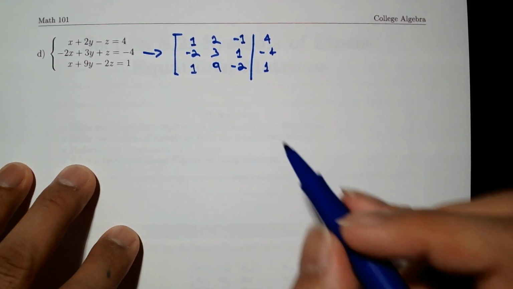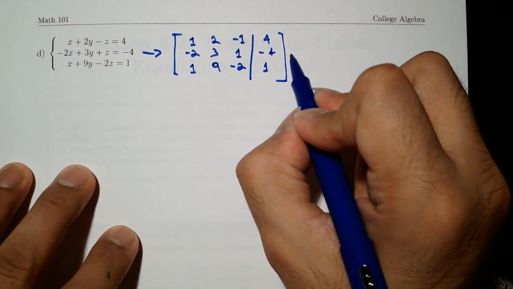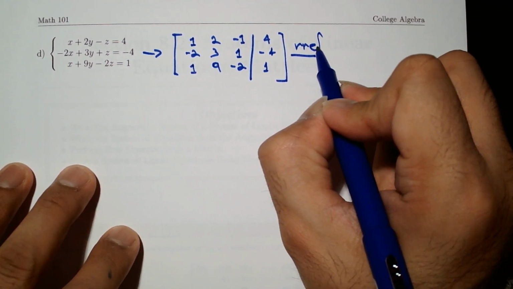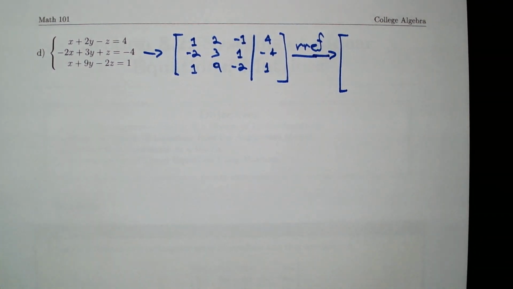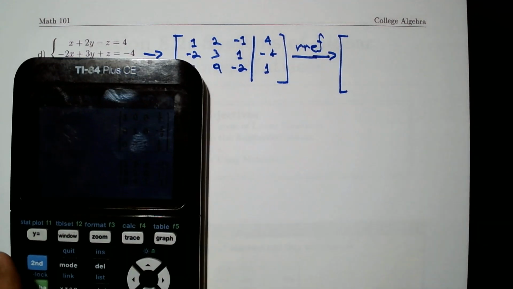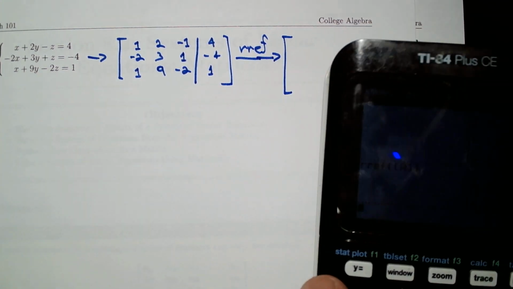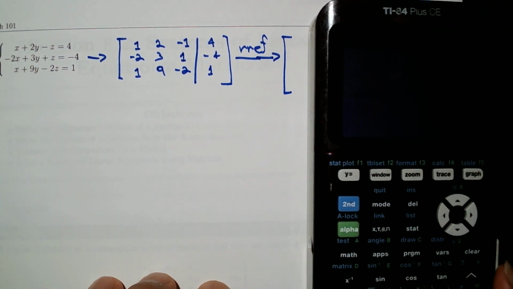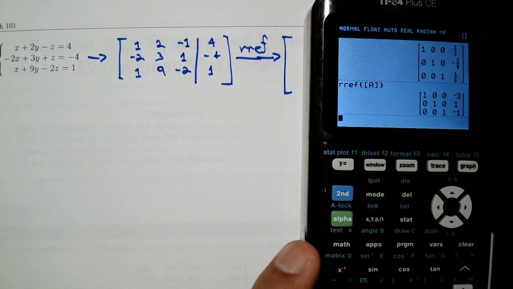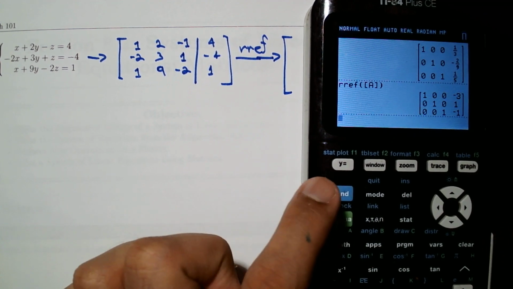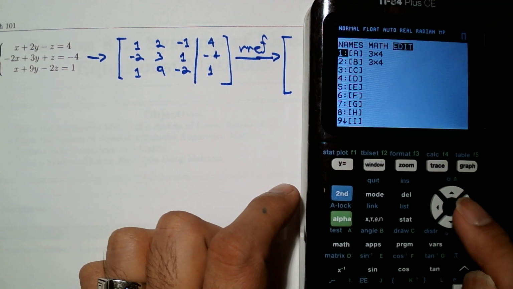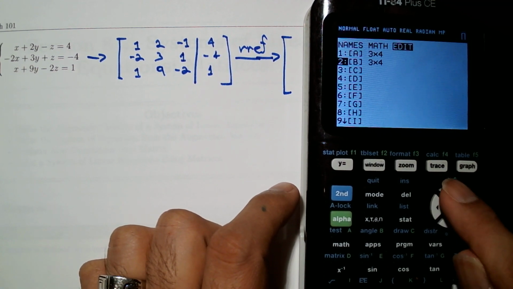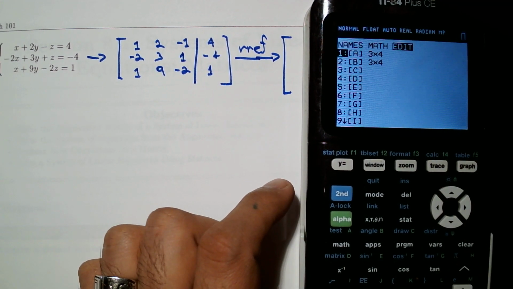All right. Let's do RREF and see what we are going to obtain. I don't know what I'm going to obtain here. Sometimes it gets a little bit tricky, and you don't want to be tricked by those weird things before you can type anything. So first, second matrix. I'm going to edit matrix A. They're both 3 by 4, notice. But I'm going to edit letter A again.